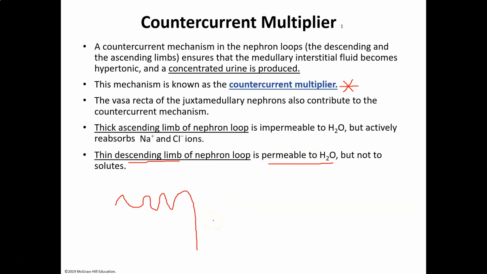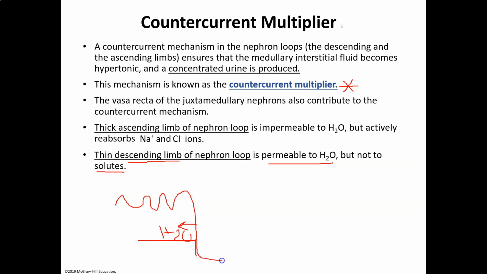Water can leave if it wants to, but solutes, especially sodium, chloride, potassium, they cannot get out. So here, water can leave, water out. So water can leave, but everything else must stay. That means as it goes down, whatever is in there, the glomerular filtrate, gets more and more and more salty.